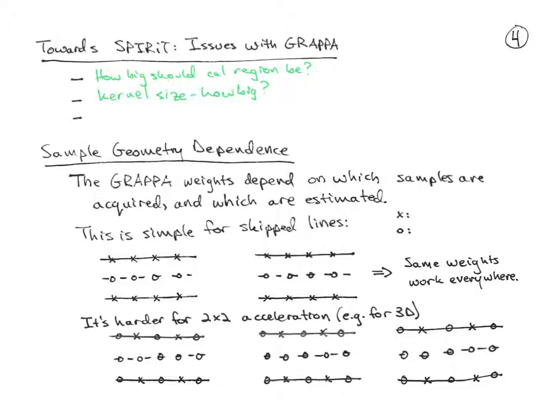The other problem that SPIRIT really addresses is sample geometry dependence. The GRAPPA weights depend on which samples are acquired and which ones are estimated. In this illustration, I'm using X's to denote acquired samples and circles to denote samples that are to be estimated.